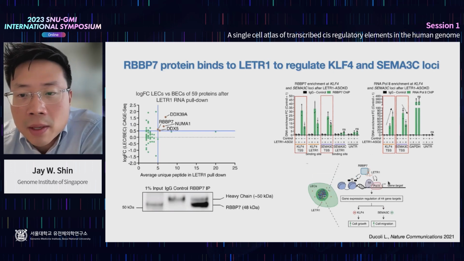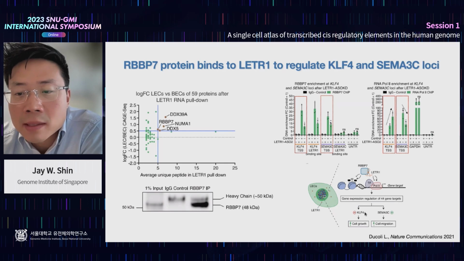So here's just a summary of this non-coding RNA, which binds to this RNA binding protein, which can then interact with the histone as well as the transcription activity, and can either modulate the KLF4 expression or SEMA3C to change the cell growth and the cell migration patterns.